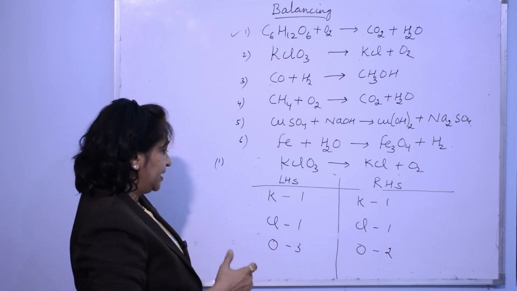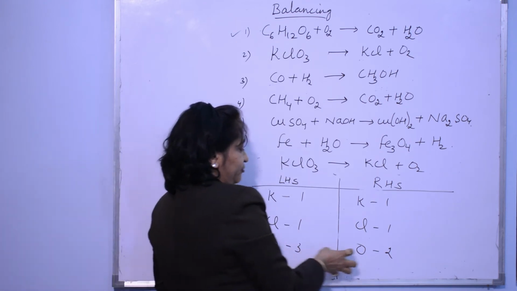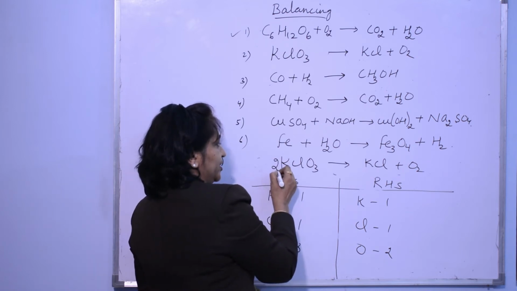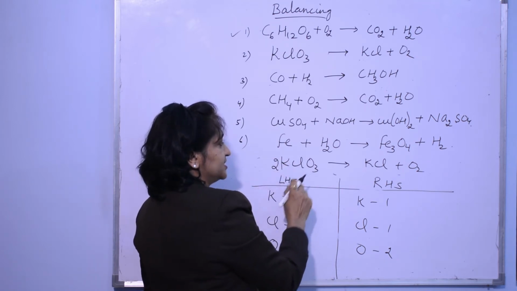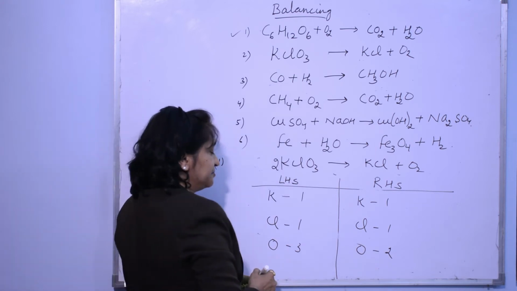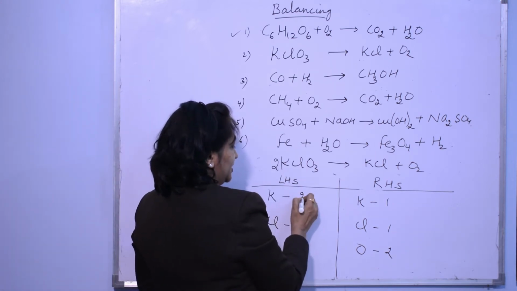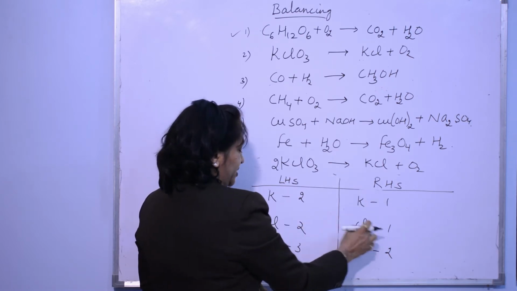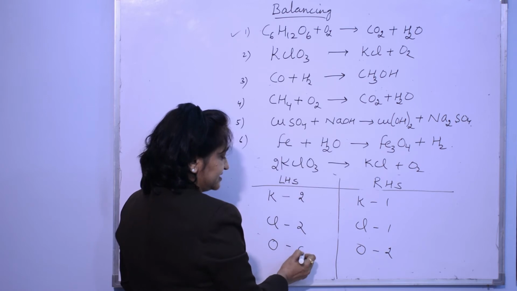Right? Now mainly we have to balance this oxygen. So at the most you can put here 2 and make this oxygen as 6. When you put here 2, now potassium becomes 2. Chlorine becomes 2, and oxygen becomes 6.